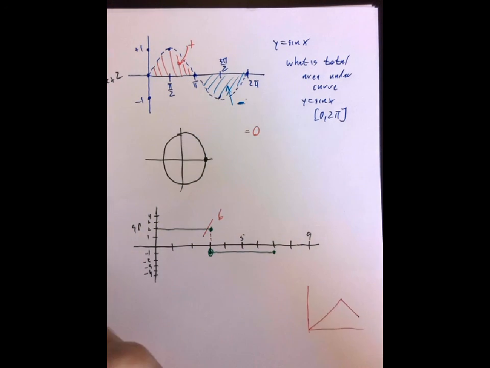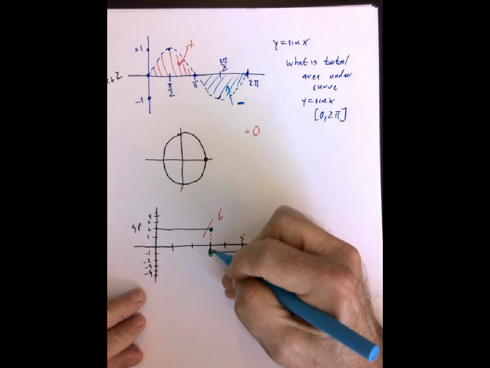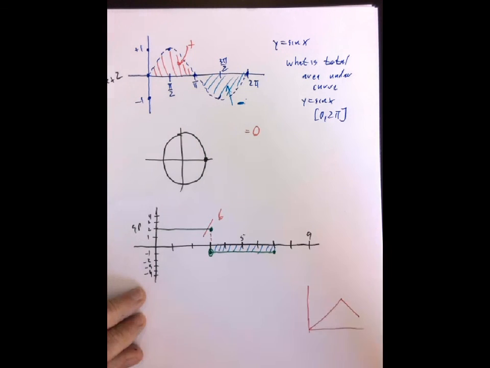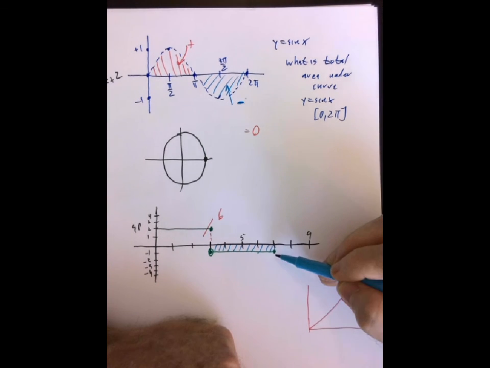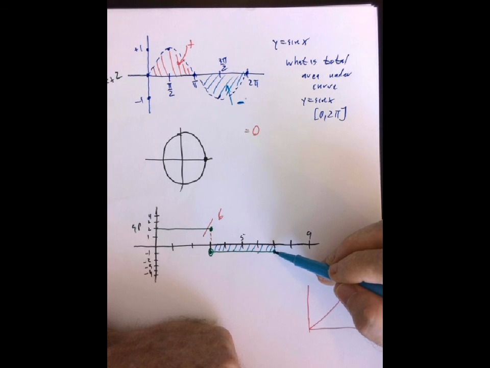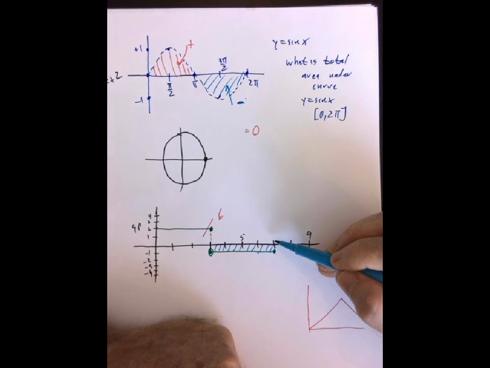So what's the negative distance here? Or, there's no such thing as negative distance. That's not right. The backwards distance is this right here, which is the area between the curve below the x-axis and the x-axis.